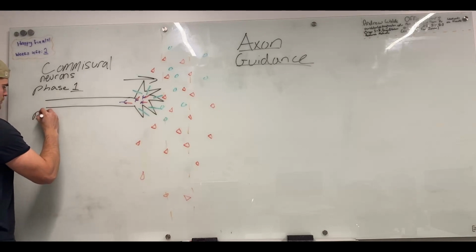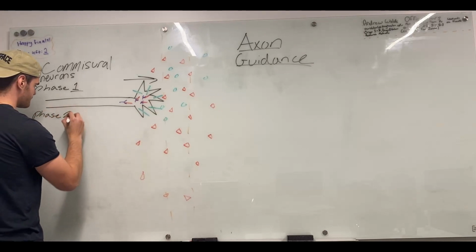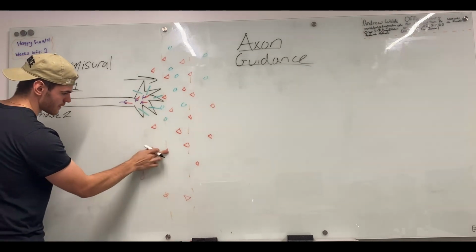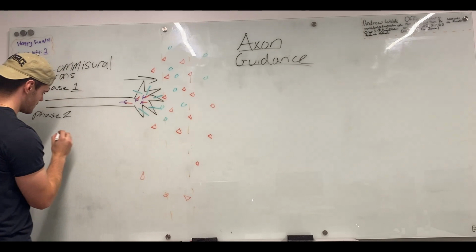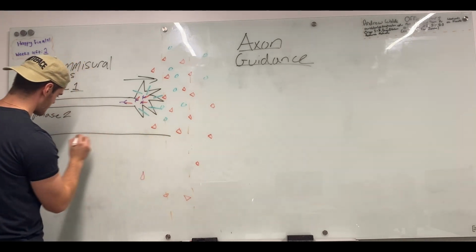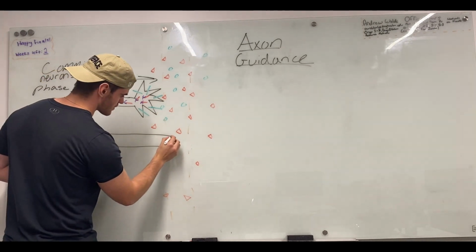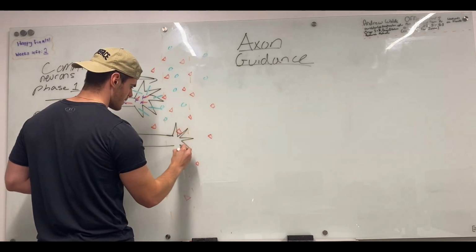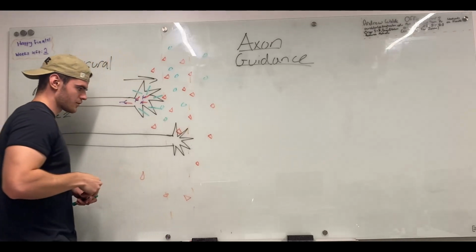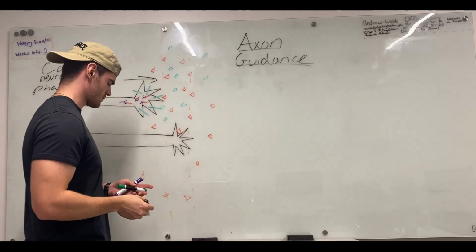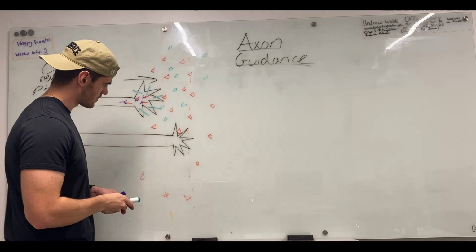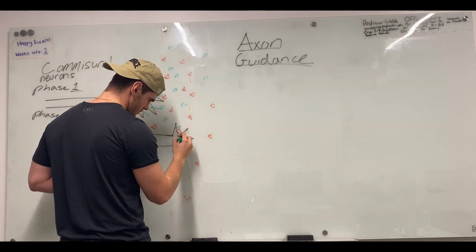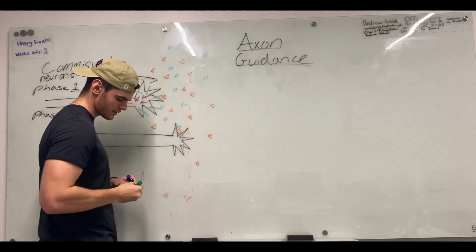Jumping into phase two, now this axon, actually erase some of these. Now this axon is coming in right to the midline. It's right in the thick of it. Okay. Still expresses DCC, right? DCC still getting expressed.